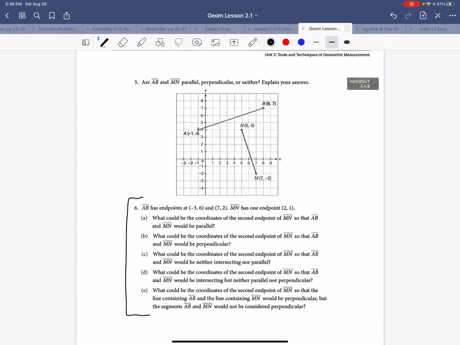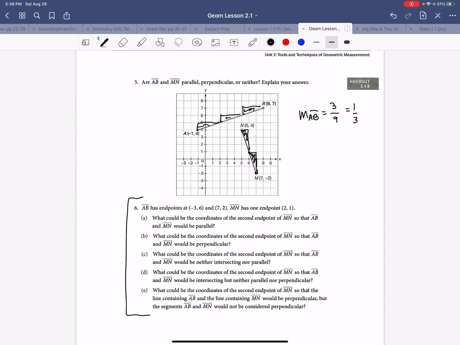So 5, it looks like there's some dots that line up there, but up 3 over 1, 2, 3, 4, 5, 6, 7, 8, 9. The slope of AB is up 3 over 9. That would be the same as 1/3. Notice this line makes the same slope triangle, oriented in a different way.